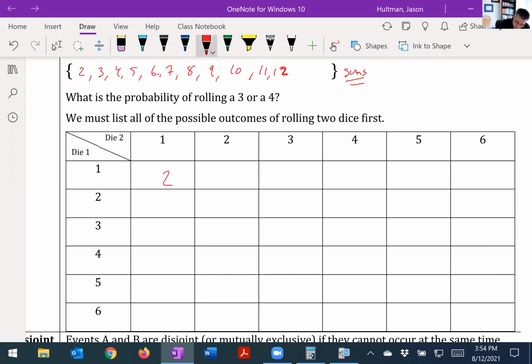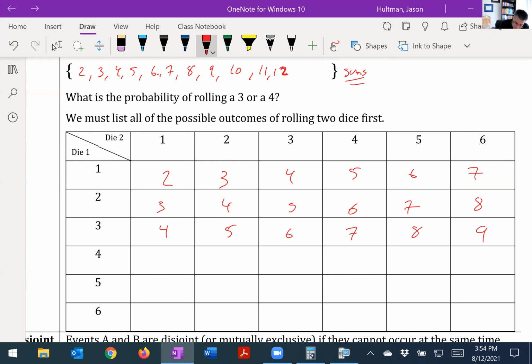Okay. If I add 1 and 2, 3, 4, 5, 6, 7. If I do the next row, this is going to be 3, 4, 5, 6, 7, 8. If my first die is a 3, that's going to be 4, 5, 6, 7, 8, 9.